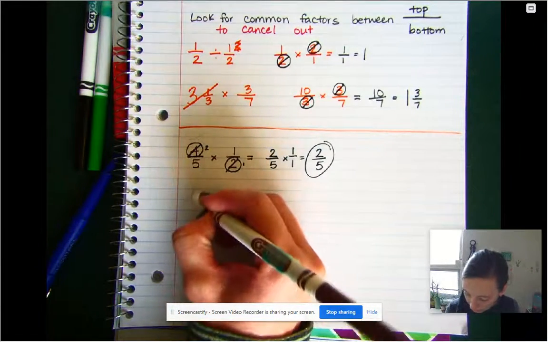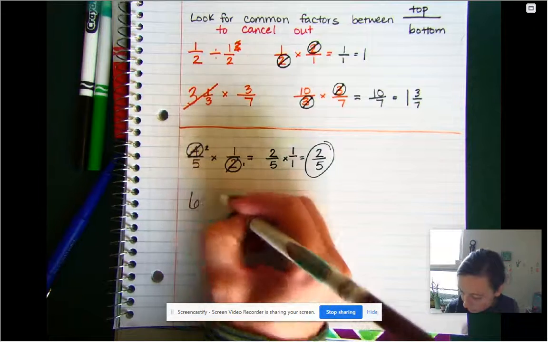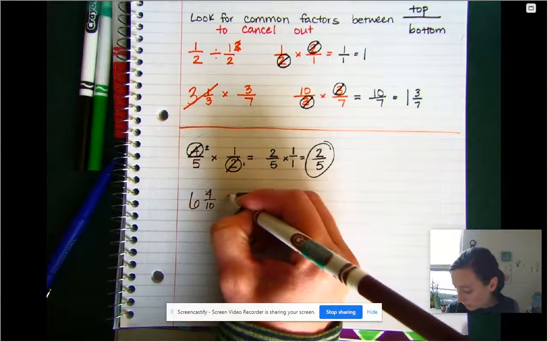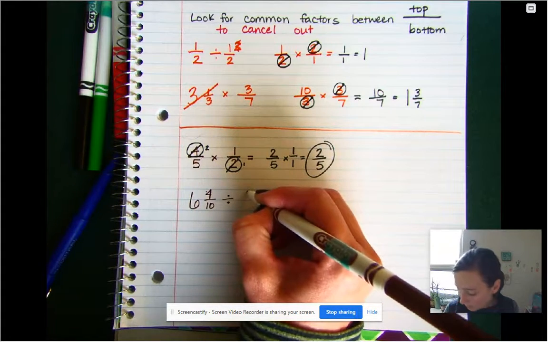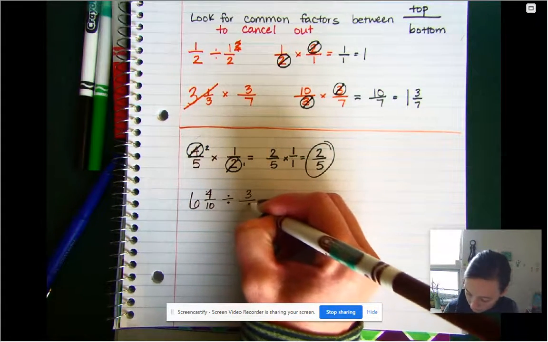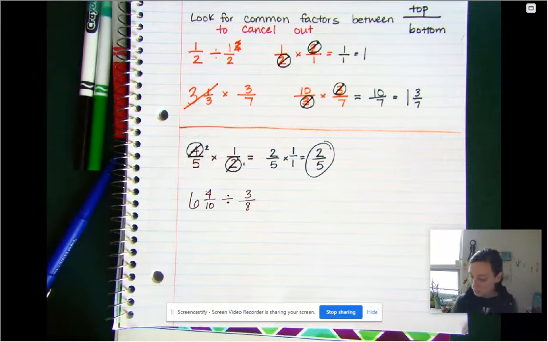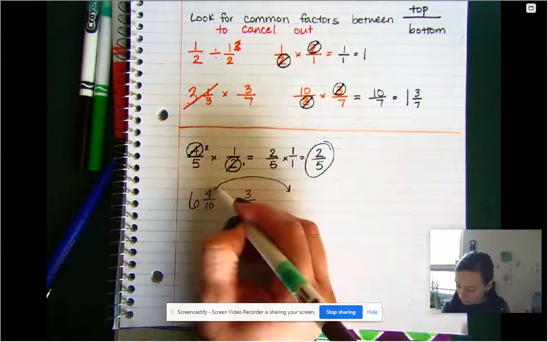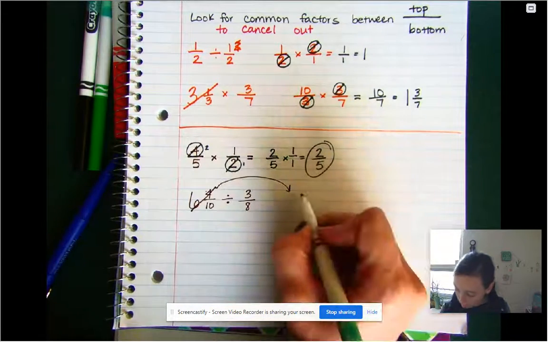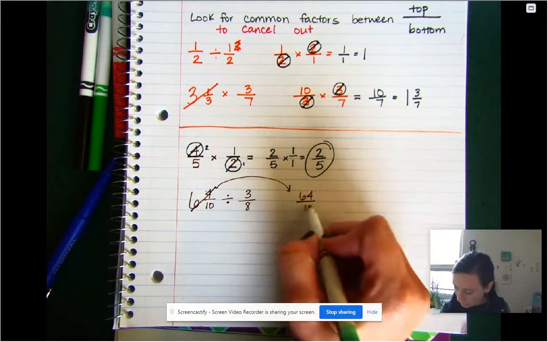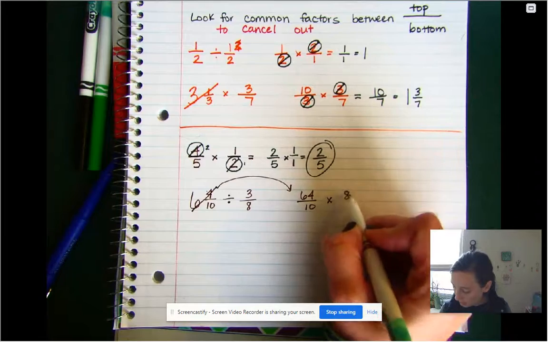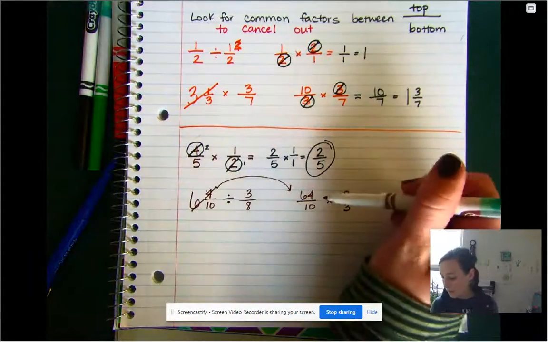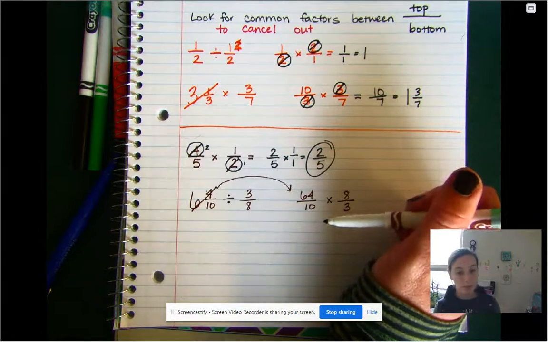So if I have 6 4/10 divided by 3/8. First, I got to make this into an improper fraction, so it's going to be 64/10 times 8/3. This was a terrible example.